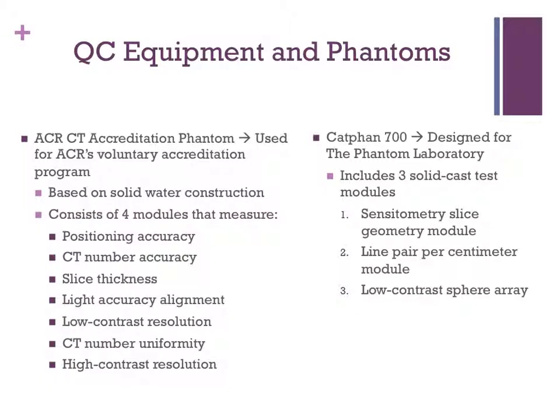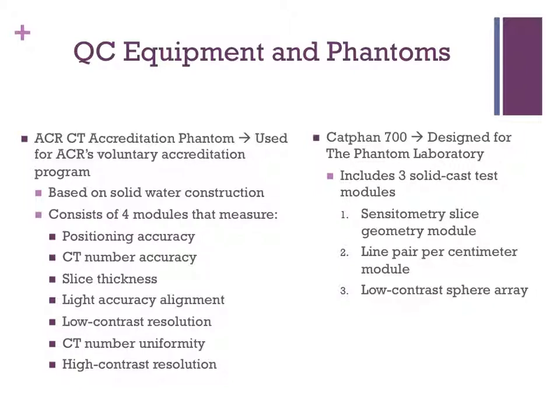There are 2 types of phantoms that are used regularly, and one is the ACR CT accreditation phantom. It is used for the American College of Radiology's voluntary accreditation program, which demonstrates to patients and personnel operating the CT facility the safety and effectiveness of their CT imaging services.